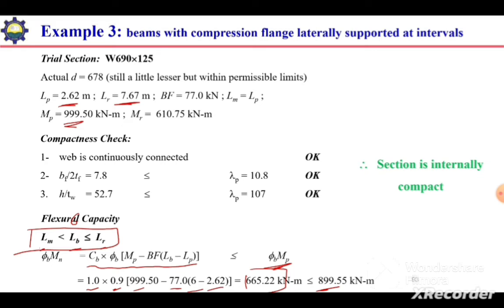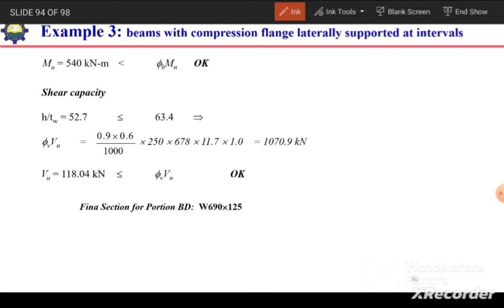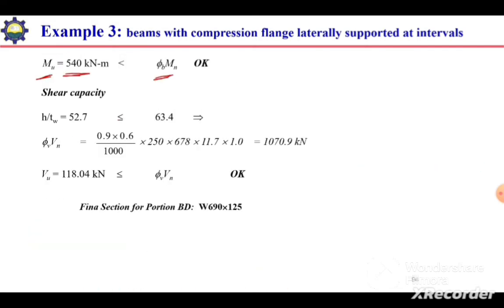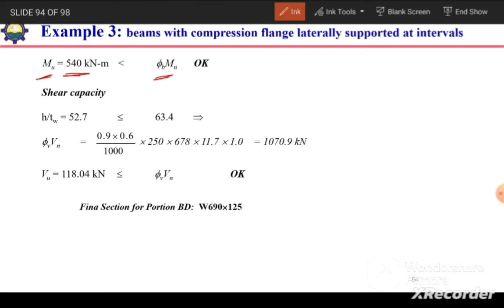Now we need to compare this φb Mn with the applied bending moment. The applied bending moment is 540 for the segment BD, and the capacity is 665. So the capacity is more than this Mu, so it's okay. Our selected section satisfies the moment capacity requirement for segment BD.